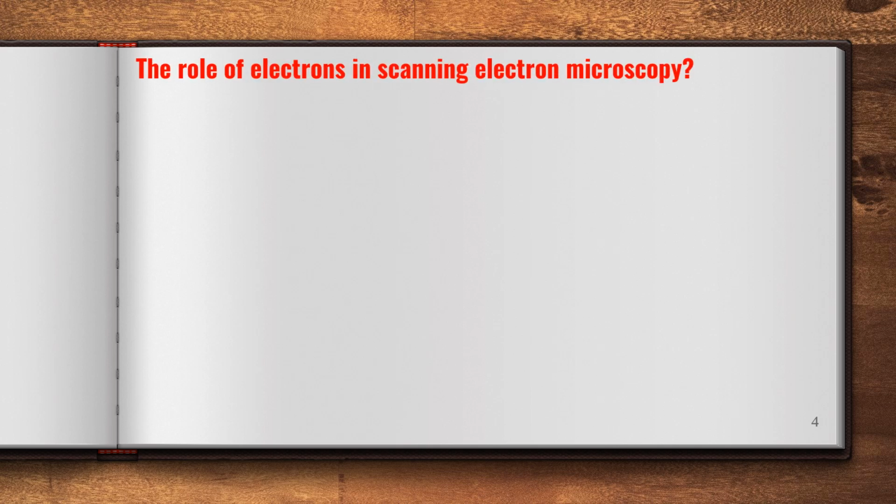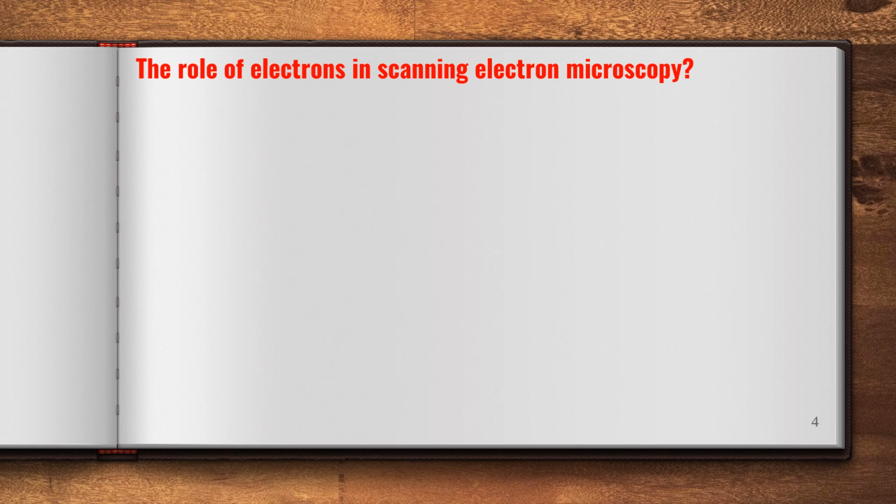Here, what we discussed from the principle point of view is that highly focused electrons scan the surface and the result gives a topographical image. Highly focused electrons interact with the surface of the sample to get the image in the case of SEM.